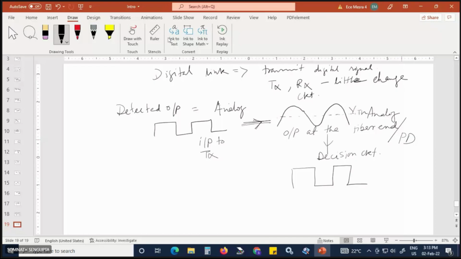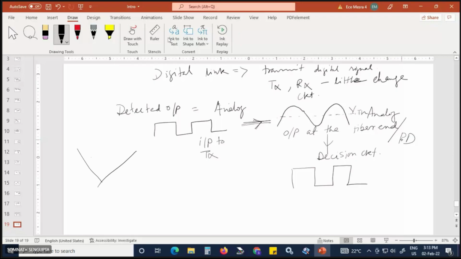So there is some difference in the receiver circuits in case of digital link, and the transmitter circuit is more or less the same, but it may change, because in case of analog, transistor biasing is required.